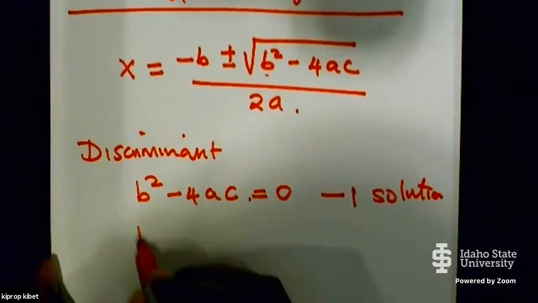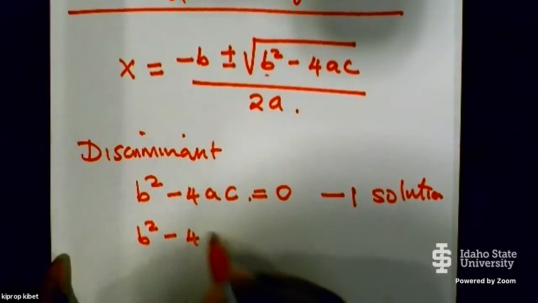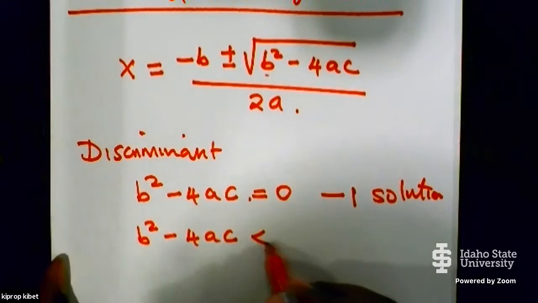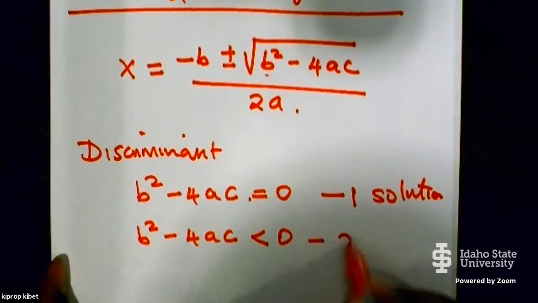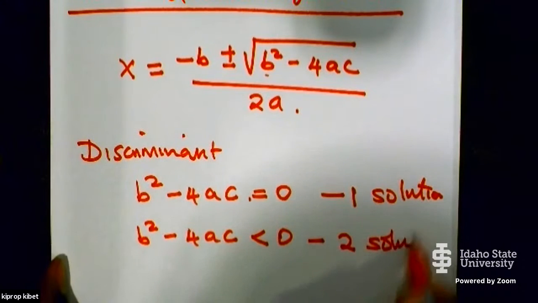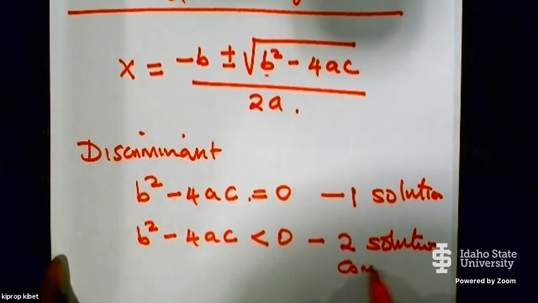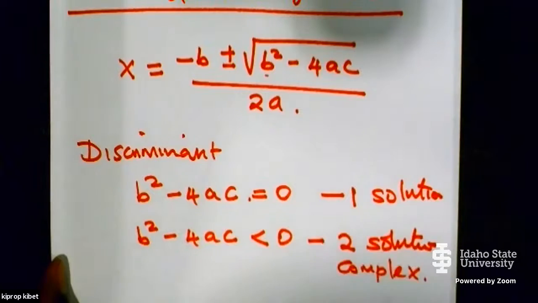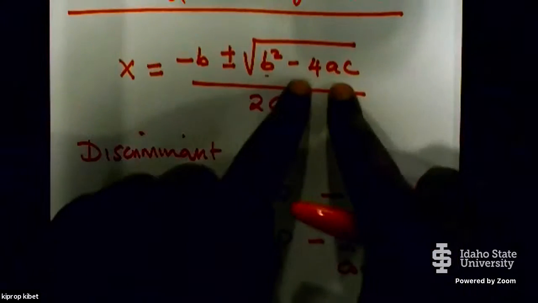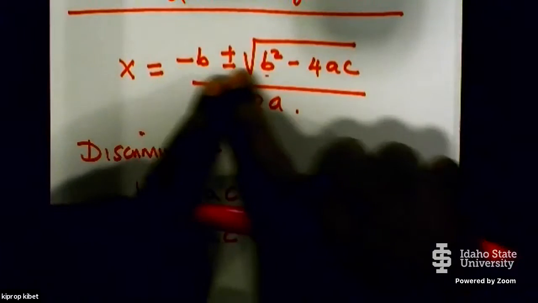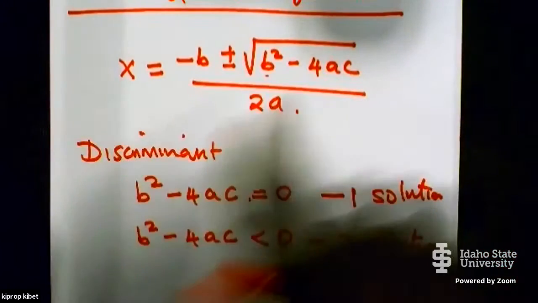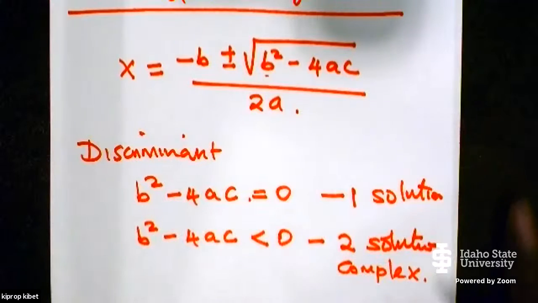When the discriminant b squared minus 4ac is less than 0, we have two solutions, but they are complex, because the square root of a negative is a complex number.